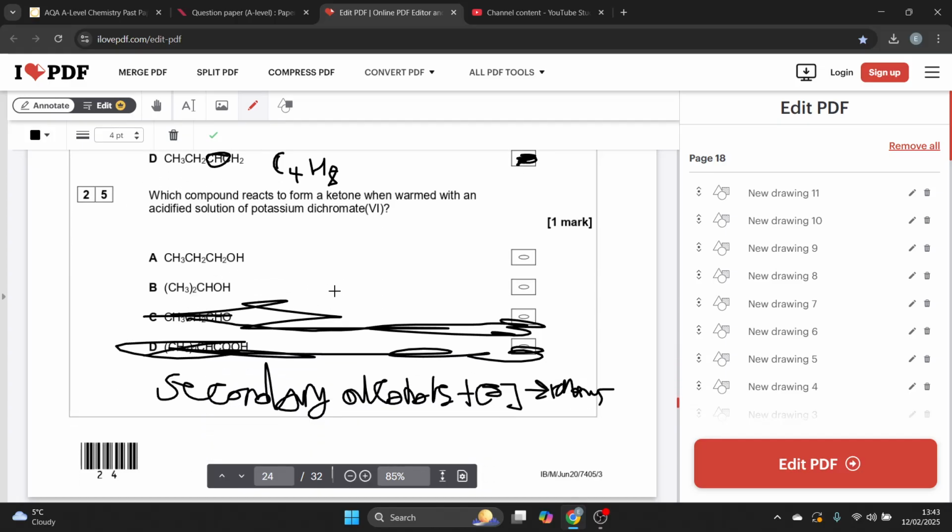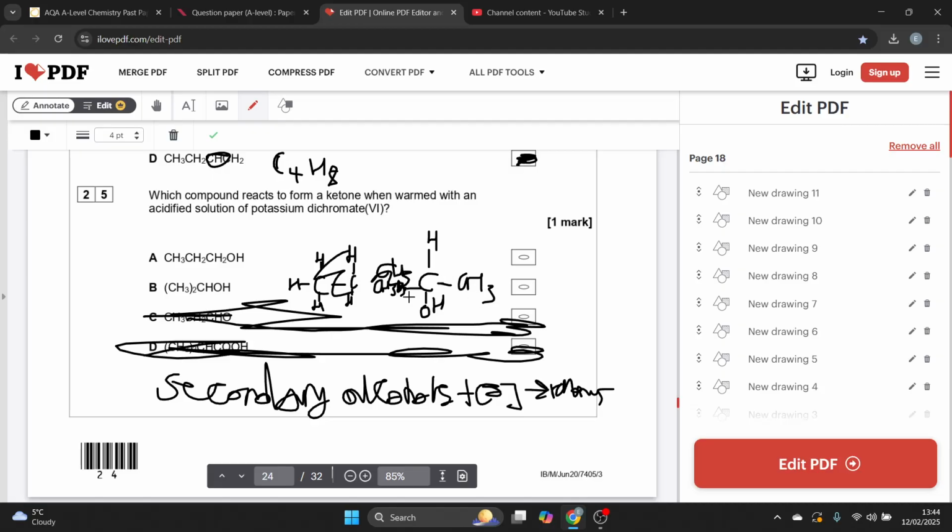Okay, if I look at B, I'll just draw it out: CH3, CH3, CH3, CH, CH3. Now I'll put a carbon here. I have CH3, CH3, and then I'm going to have a hydrogen here and then my OH group attached to it. Instead of that, because that can't be possible, it's going to have a CH3 here and then a CH3 here.